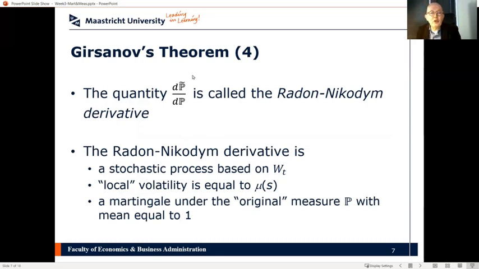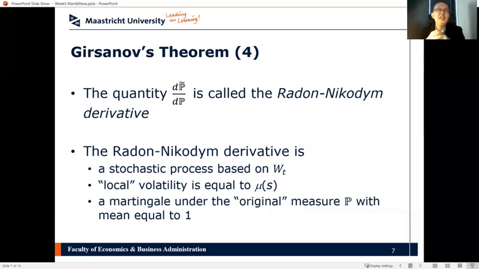So this quantity, this likelihood ratio as a stochastic process itself, is known as the Radon-Nikodym derivative. So now we can play our game in two directions. I can say, if I want to change the drift of the Brownian motion, I can derive what the stochastic process looks like. That's basically the proof I've given you in the previous slides.